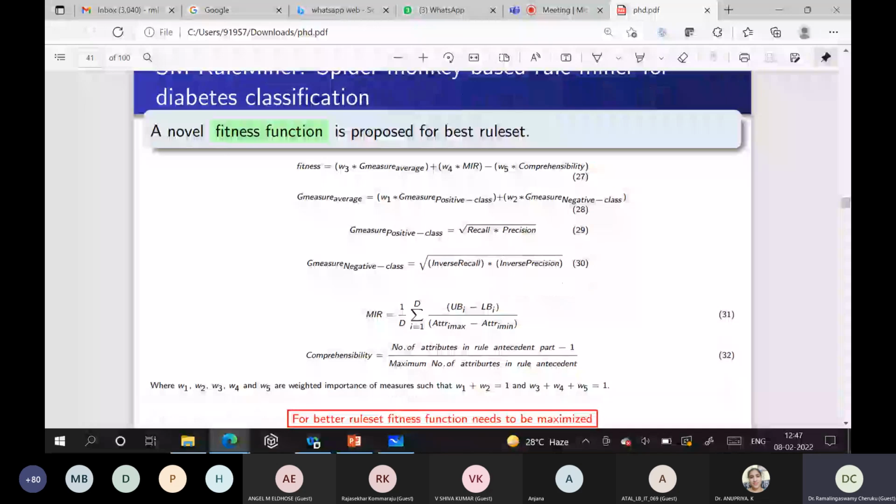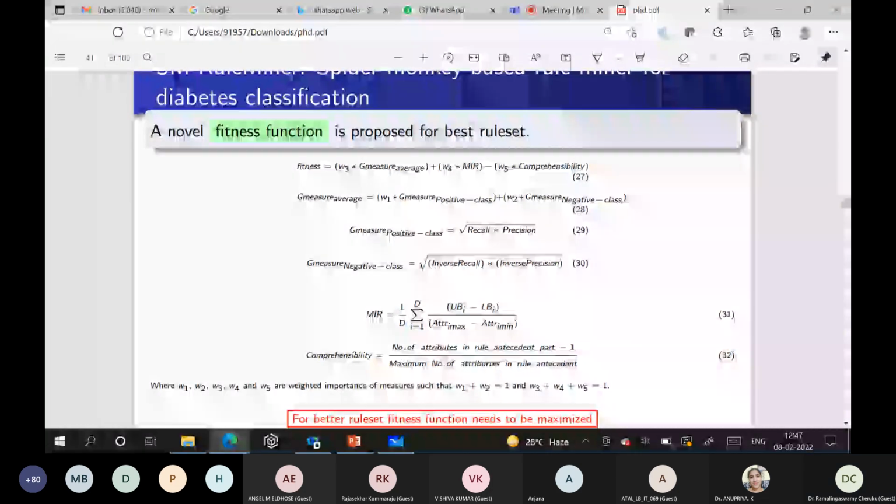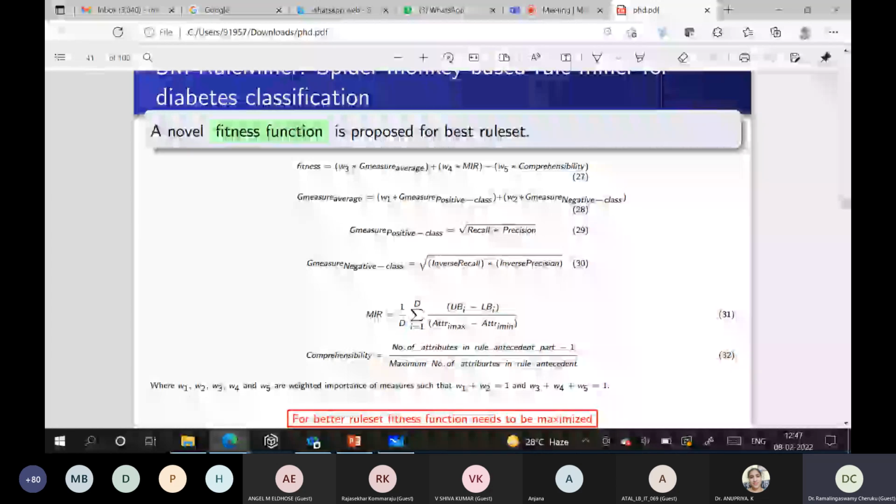The comprehensibility of the rule is given by the number of attributes in the rule antecedent part minus 1, divided by the maximum number of attributes in the rule minus 1. Why have we taken minus 1? Because if a rule has 1 attribute, then 1 minus 1 is 0.